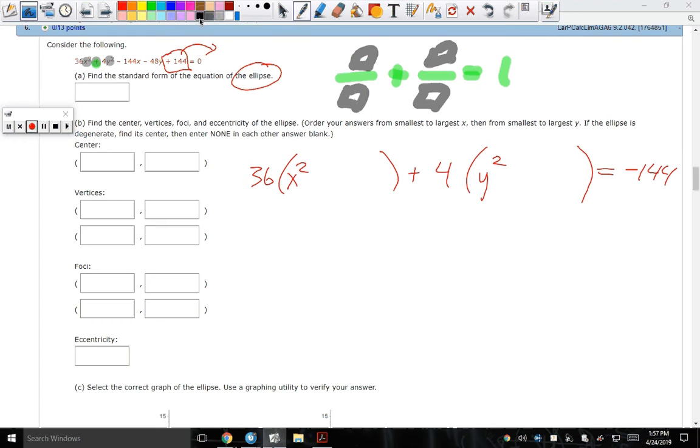Can someone tell me what should go in here for the rest of these x's, knowing that I GCF'd out this 36? 4x, right? And then how about the y's? I GCF'd out this 4. What's going to stay in? Someone said it. 12. But a positive or a negative? Negative 12.